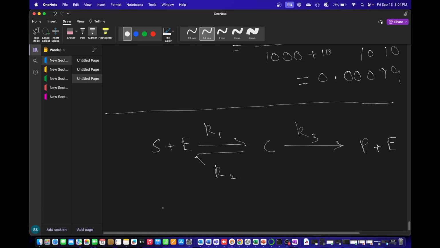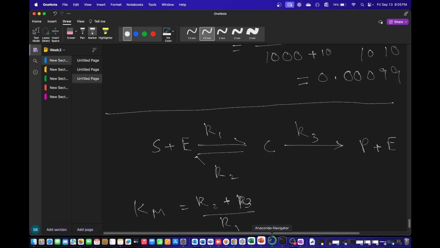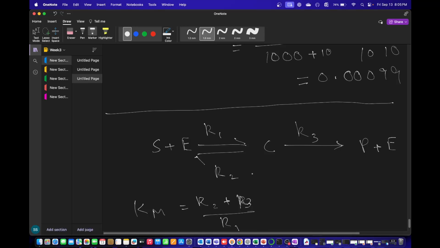Now by definition, the Km value, the Michaelis Menten constant, is defined as k2 plus k3 by k1. We actually derived this in one of the tutorial classes if you want to go back and look. So this is the definition of Km, k2 plus k3, the reversible and the catalytic step, over k1. So this is how we define it.